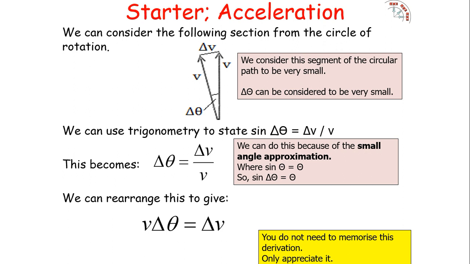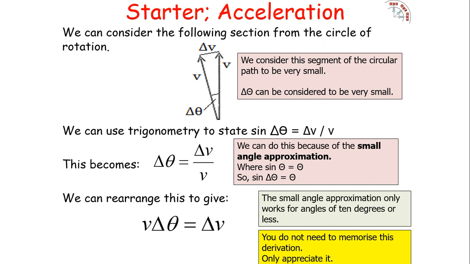All you've got to know for A-level physics is that for very small angles, sine theta will equal theta. So in this example, sine delta theta just becomes delta theta. You might ask, what's the cutoff with the small angle approximation? Well, it only tends to work for angles of 10 degrees or less.